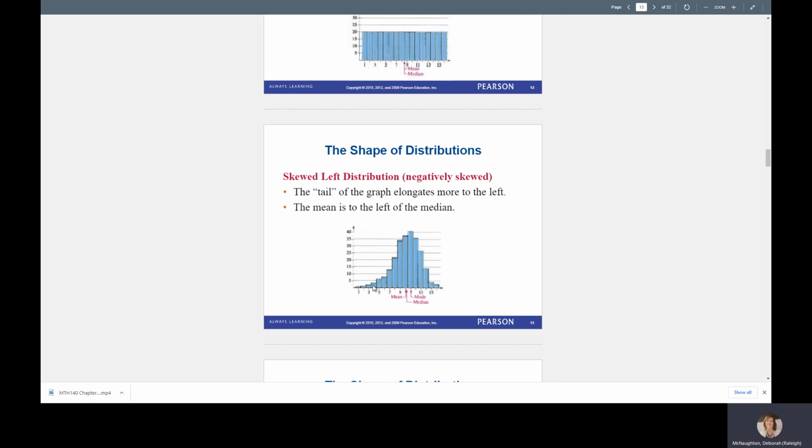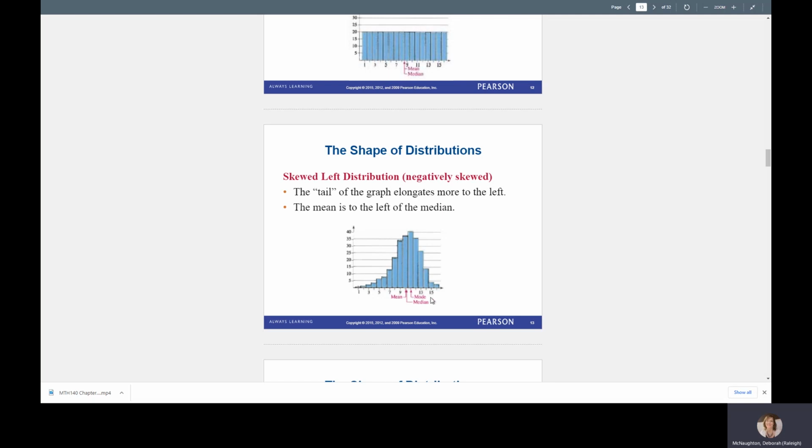The tail is where it gets skinnier, where the frequencies decrease. So this one elongates toward the left. And remember, these small values that we have extra of are pulling our mean out to the left. So the median is here in the middle.